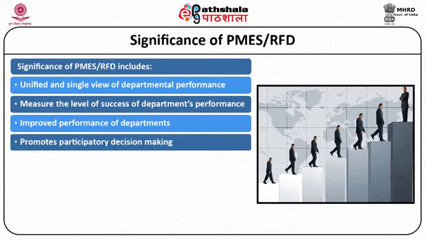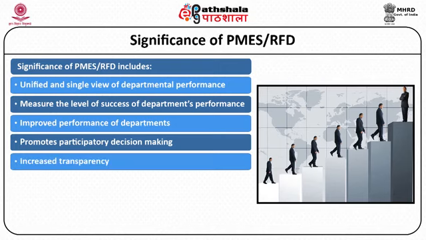Result framework documents are put on the websites of the ministries or the departments. It helps in bringing in more transparency. Every stakeholder of the department is aware of the objectives, the actions to be taken to achieve the objective, and the performance expected out of each functionary as well as each department.